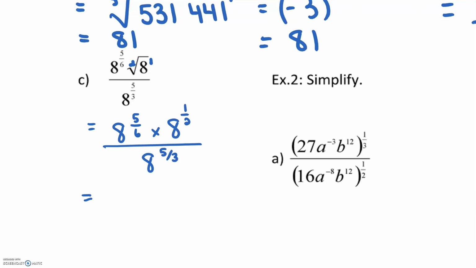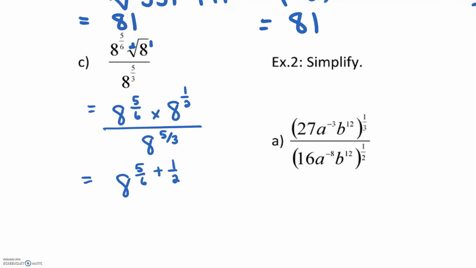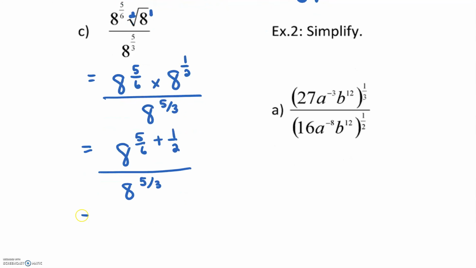The next step is to understand that this is a multiplication law and that we have the same base. So you keep the same base and you add your exponents, because that's what the multiplication law says. I'll keep that one like that for now. In order to add fractions, you need a common denominator, which means I need to multiply this fraction by 3 in order to get a denominator of 6.